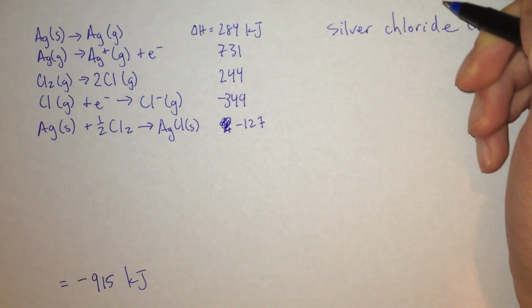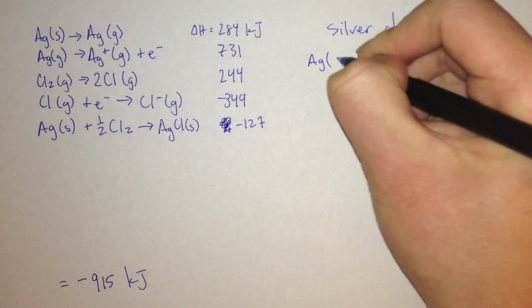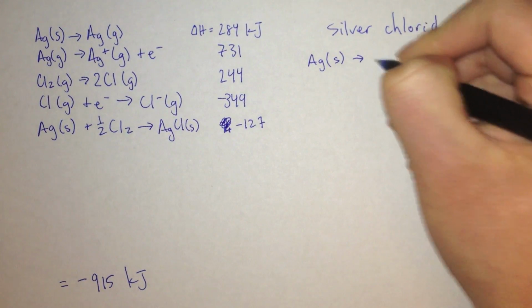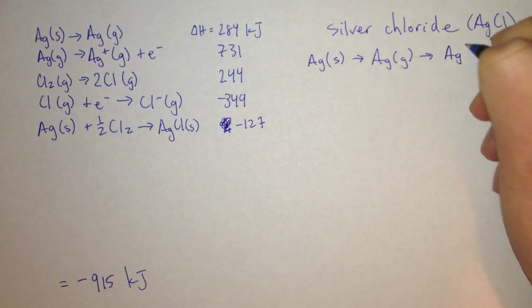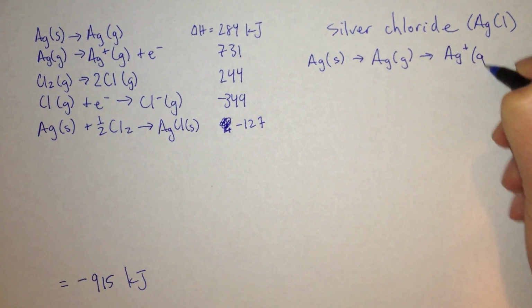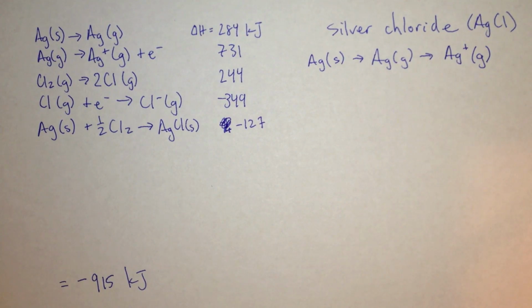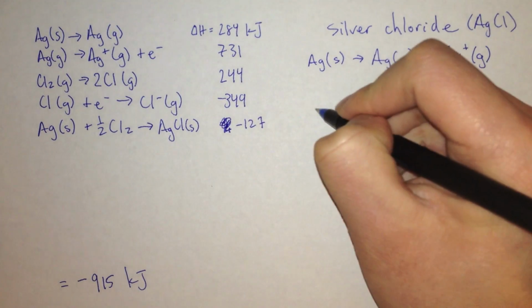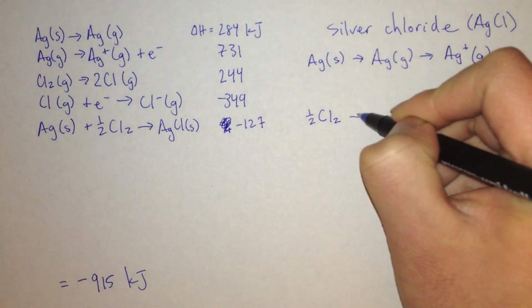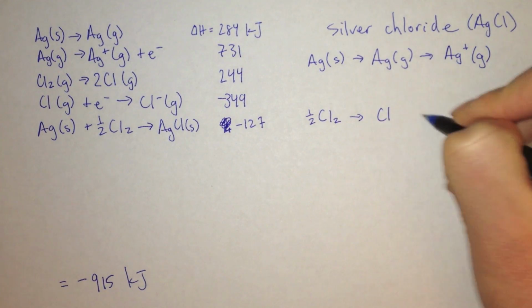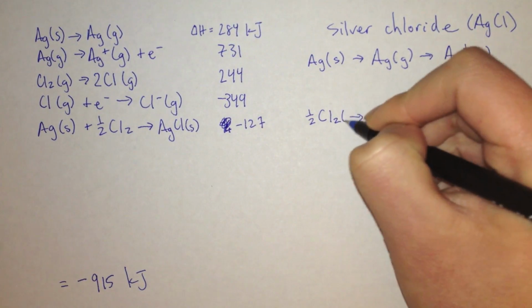First, we have to take the silver, which is solid at room temperature, make it a gas by evaporating it, and take away one of its electrons. On the chlorine side, we have half of a chlorine diatomic. We break up that bond. Sorry, this is a gas.